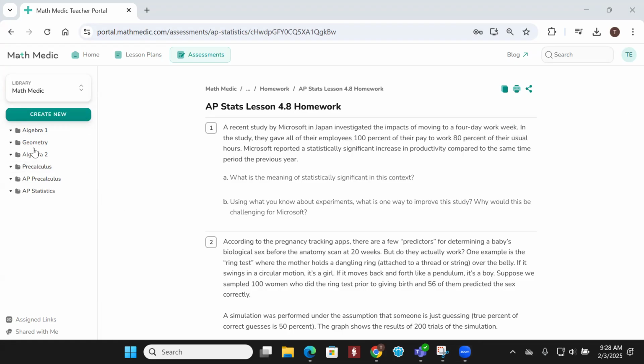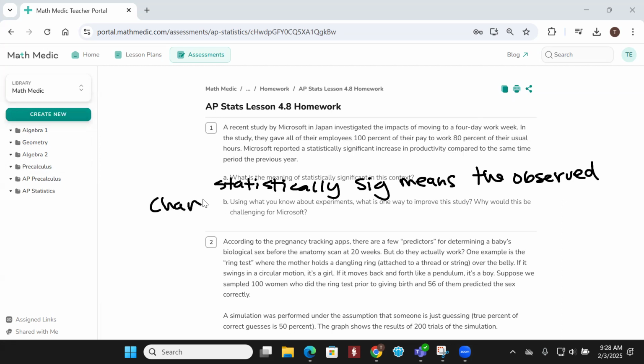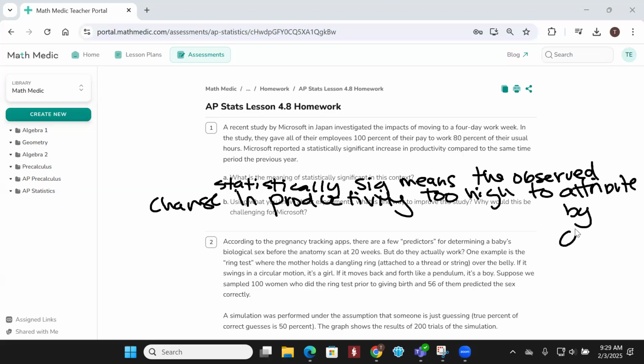So, say it again. Okay, so statistically significant means the observed change in productivity would be too high to attribute to just chance.